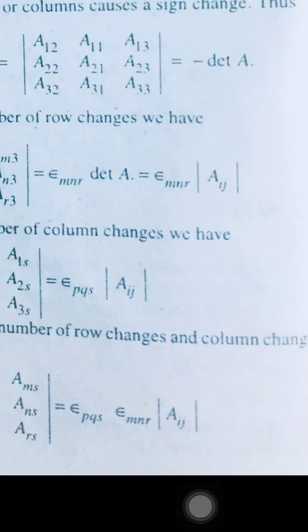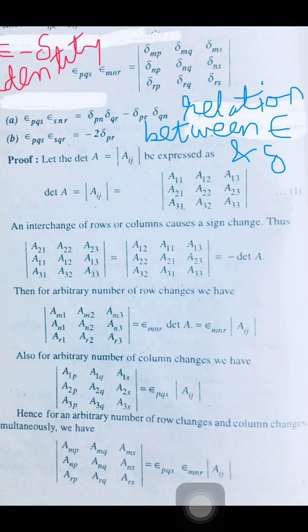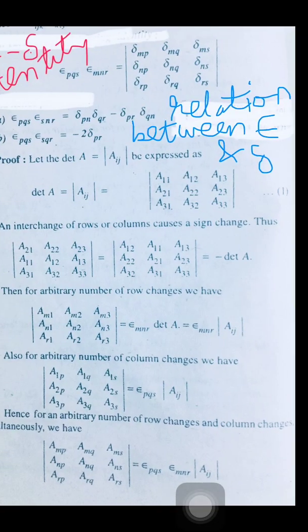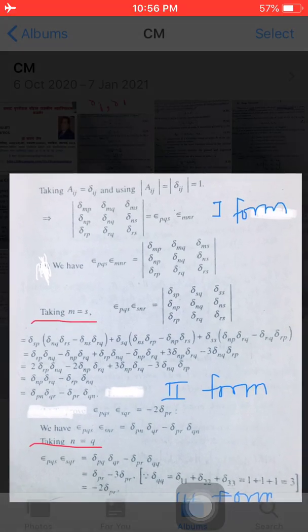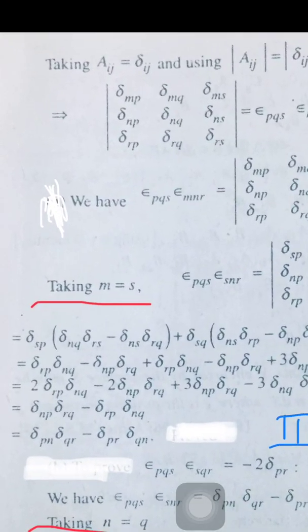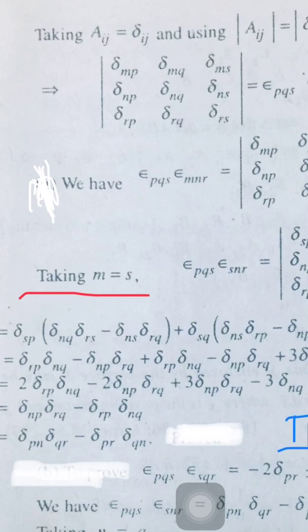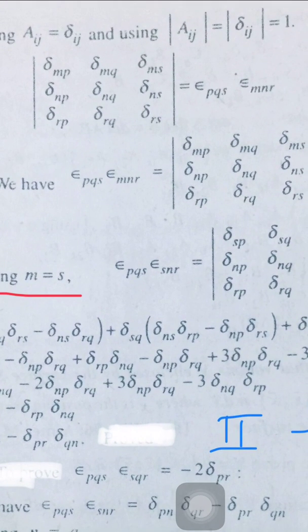Okay. Now after writing this, one more thing we are doing here: we are taking Aij replaced by Kronecker delta ij, and when we take the determinant of Aij as Kronecker delta ij, we have to know what is Kronecker delta ij.